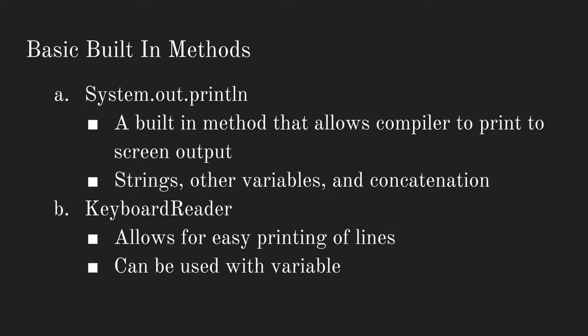What you do need to know are basic built-in methods, and the first one being System.out.println. So this might be familiar if you checked out my strings and outputs video on the Introscope YouTube channel, and this is basically a built-in method that allows the compiler to print out to the screen whatever you put inside, whatever you concatenate inside the parentheses.